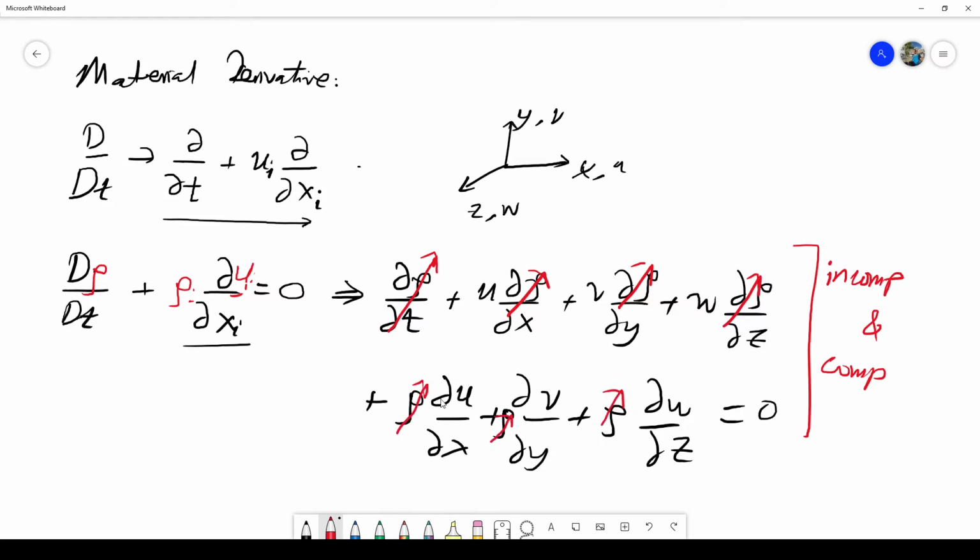So what is left is just ∂u over ∂x, ∂v over ∂y, ∂w over ∂z, which can also be written as nabla dot product u, and this should be equal to 0. So this comes back to our continuity equation, written in the symbolic notation of nabla.